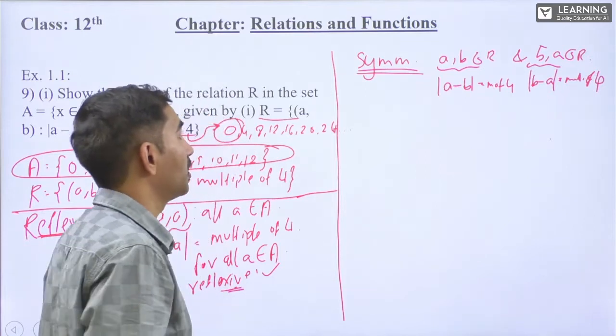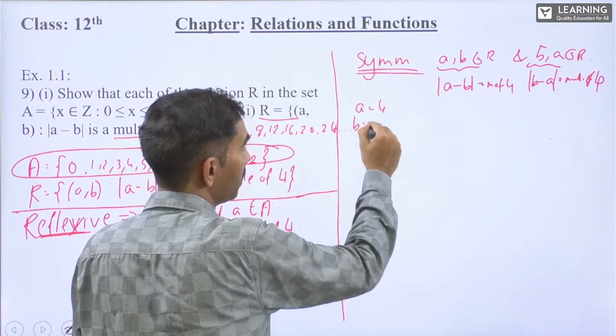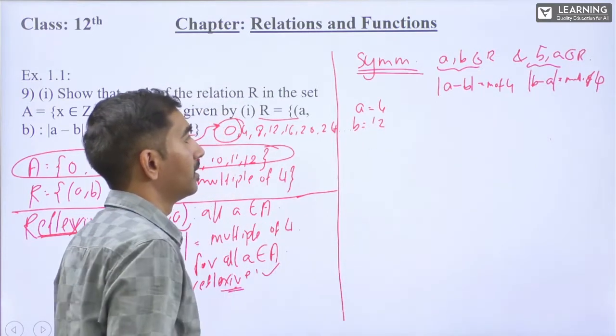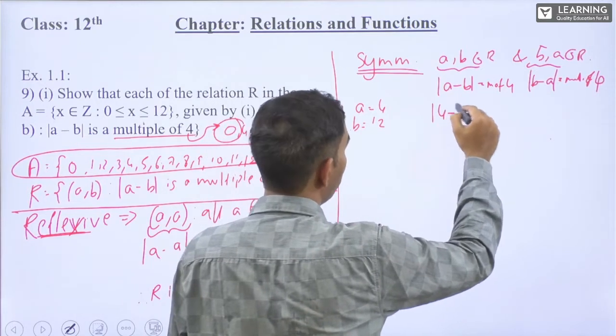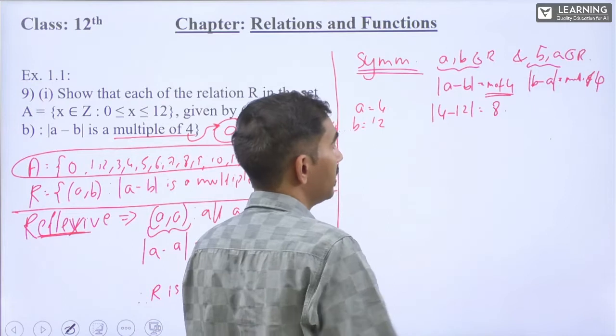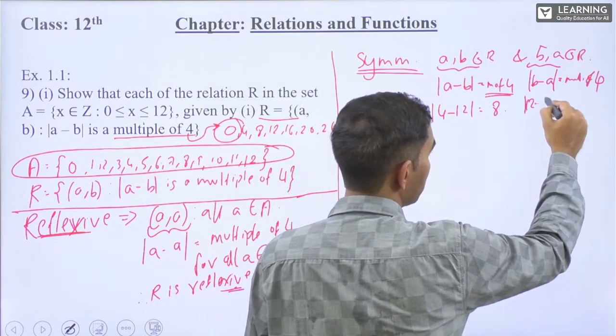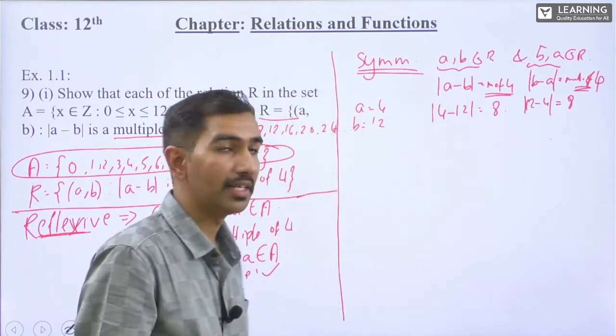Okay. So now let A equal 4 and B equal 12. What is mod of A minus B now? Mod of A minus B is nothing but mod of 4 minus 12, which is equal to 8, a multiple of 4. Similarly, students, 12 minus 4 is also equal to 8, which is also a multiple of 4. So what can we tell here?